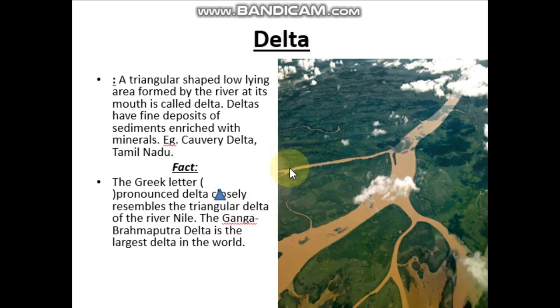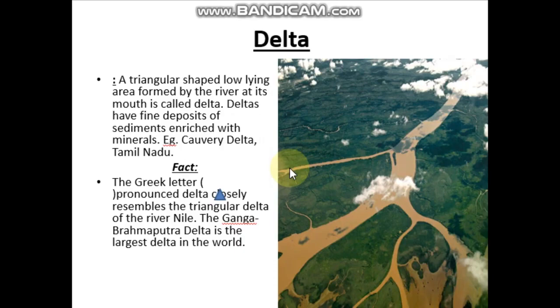Next one is the delta. What do you mean by delta? A triangular shaped low-lying area formed by the river at its mouth is called a delta. Actually, delta means a triangle shape; a triangle has three sides. Deltas have fine deposits of sediment enriched with minerals.